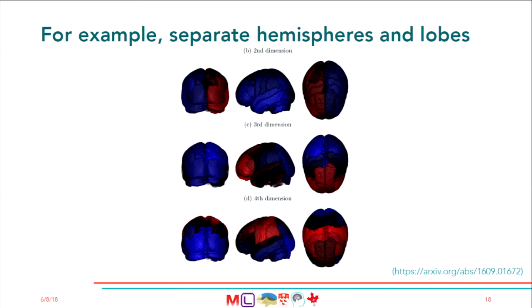The second dimension here, which is our top figure, is hemisphere, then we have the frontal lobe in the next, and then frontal and parietal in the last. So you can impose or learn this type of block structure, and estimate the probability of connection within and across these groups, and then use these to identify outliers from populations.